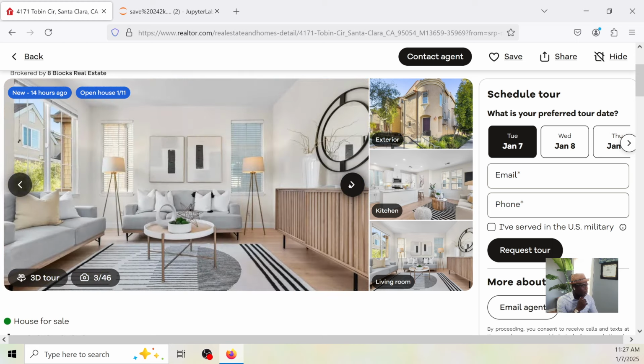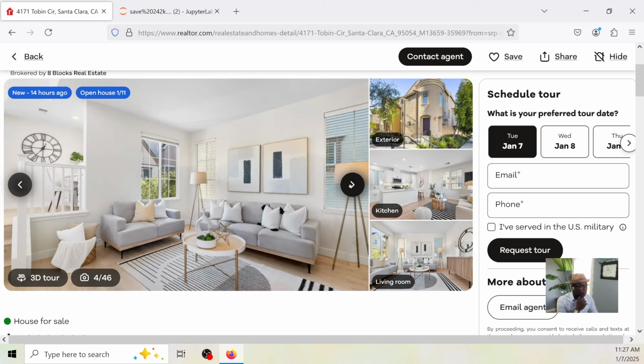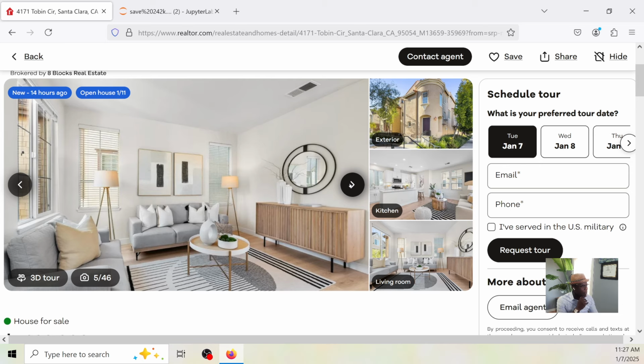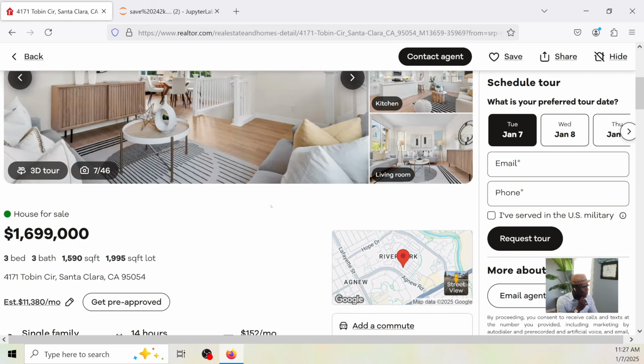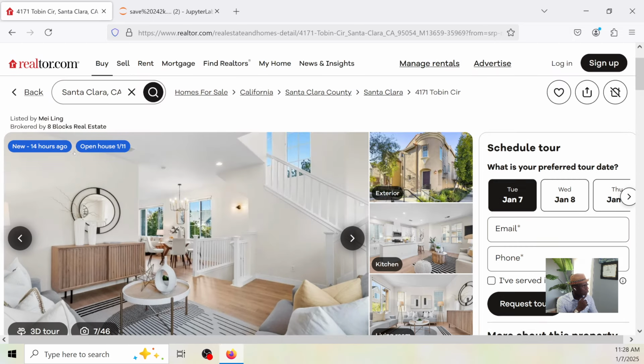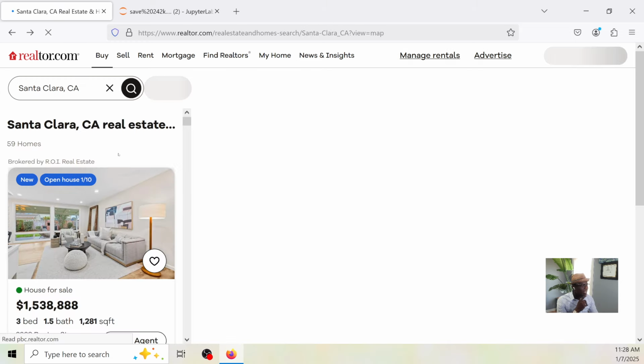Love the living room. Extremely similar to the one we just saw. This is a 3-bed, 3-bath, 1,600 square feet, almost 2,000 square feet, 1995. Nice. We'll take a look at one more.